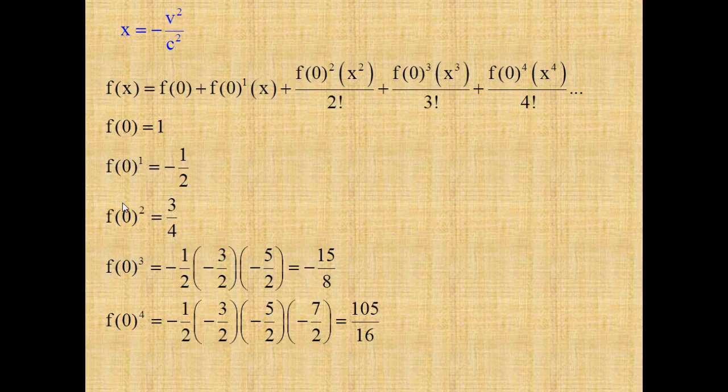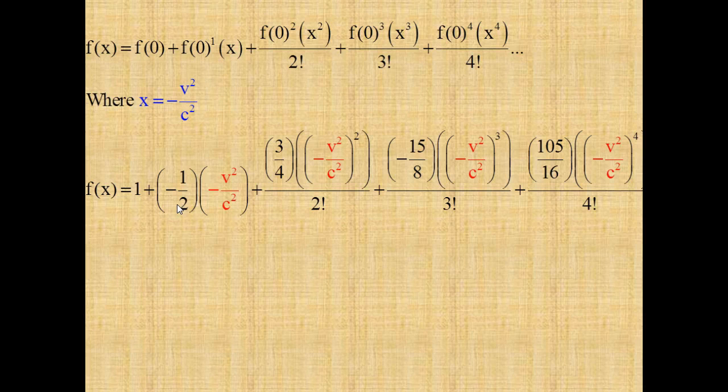Okay. Now we're going to put these f of zeros in each place in Taylor's theorem, and we're going to put x equals minus v squared over c squared wherever there's an x. Okay. Then that's what we did here. And now we have to multiply these out. You'll notice that minus v squared over c squared raised to the power of 2 makes that a positive.